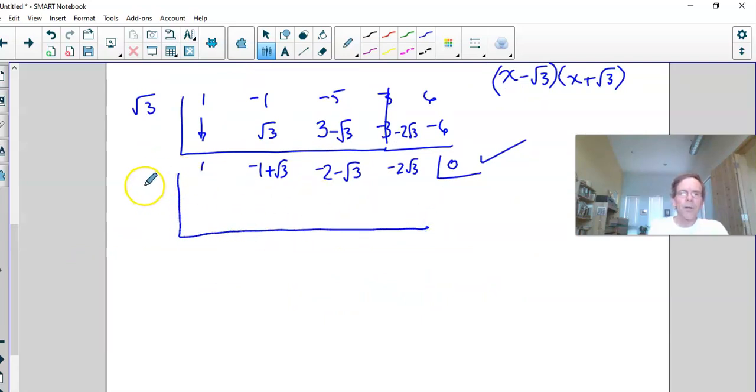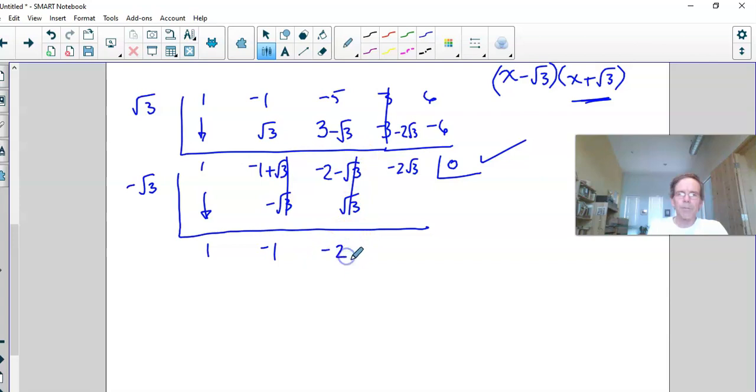Now, let's divide in the x plus square root of 3 factor. So we'll divide that in by knowing that c is negative square root of 3. Same thing, bring the 1 down, multiply, we get negative square root of 3. Ooh, that's nice, those cancel. We're left with negative 1. Negative square root of 3 times negative 1 is positive square root of 3. Ooh, the square roots go away.